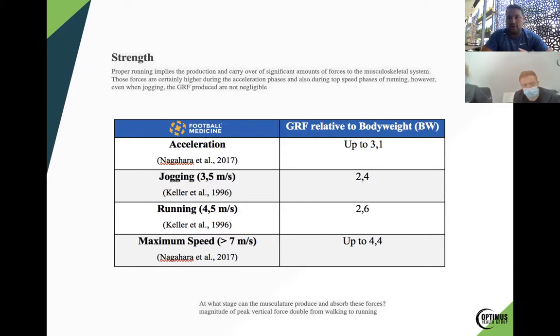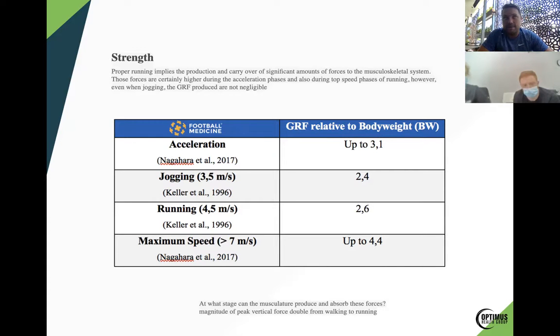Now, that's a whole other series, because today we're just focusing on walking to jogging. But you can see that once you accelerate, even if you accelerate from walking to jogging at 3.5 meters per second, you do get this spike in ground reaction forces, okay?